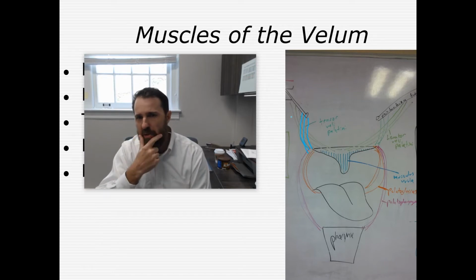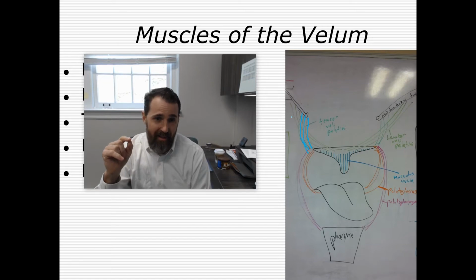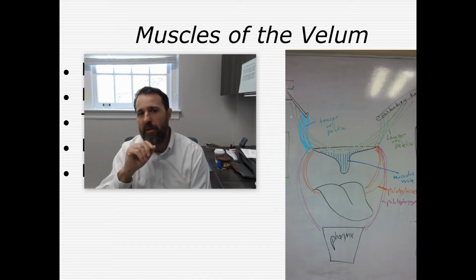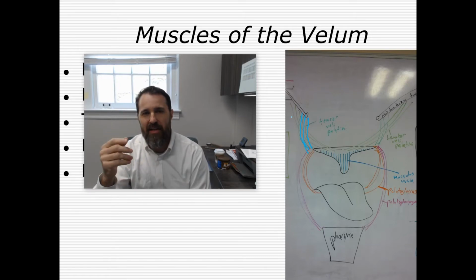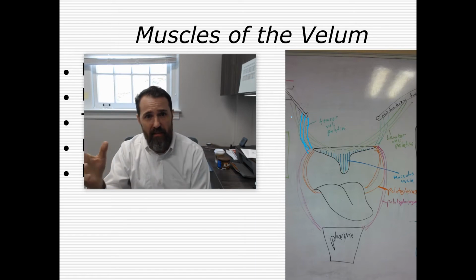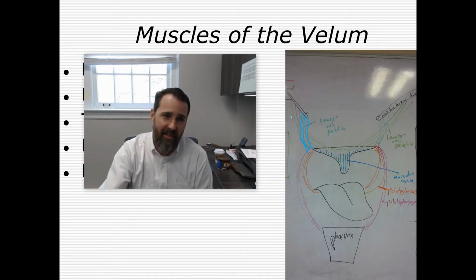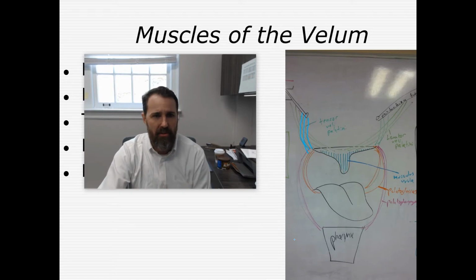It opens up the eustachian tube that allows fresh air to get from our nasopharynx into our middle ear. So it aerates the middle ear. So Levator Veli Palatini elevates the soft palate. The Tensor Veli Palatini dilates the eustachian tube.